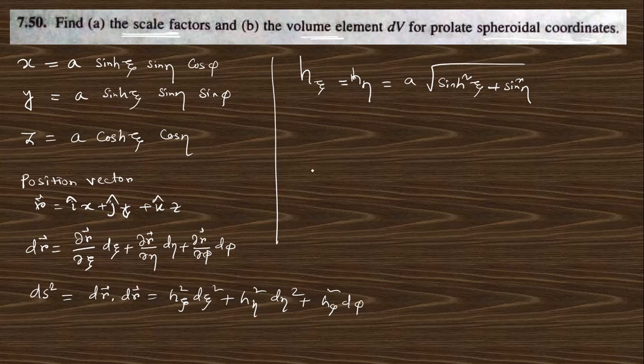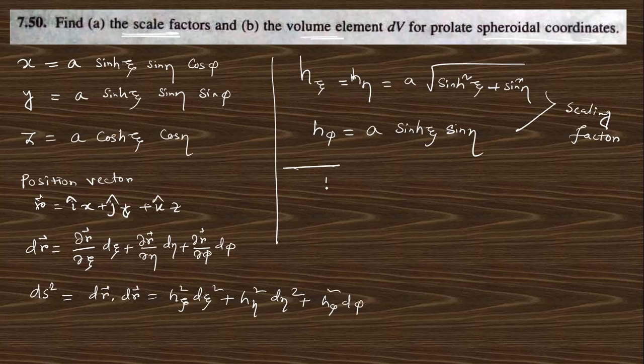This is the value of h xi and h eta, and then you can find h phi. This is a sinh xi sin eta, right? This is known as the scaling factor. So with this calculation you will get these scaling factors.